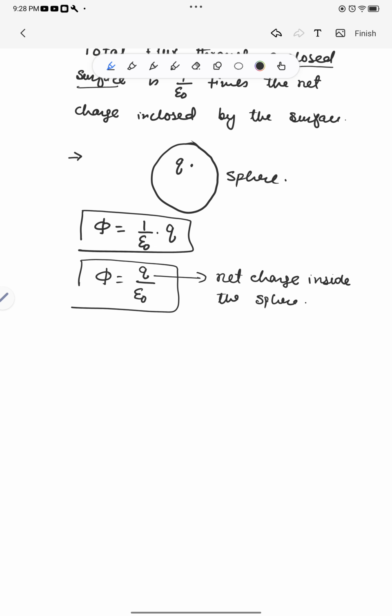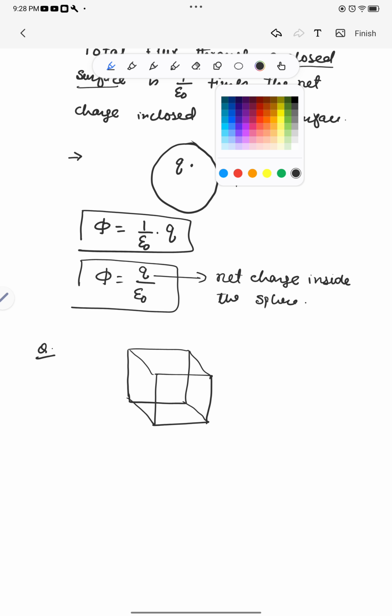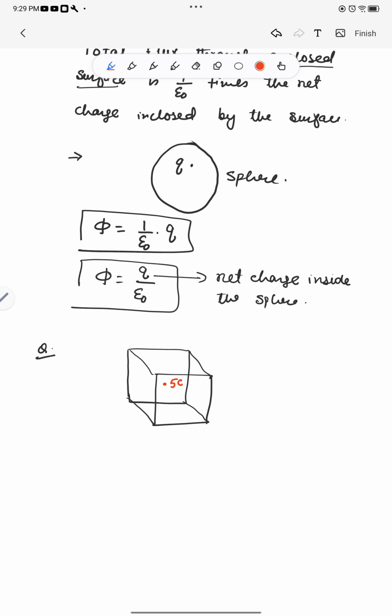Now let's say there is a question: we have a cube and there are two charges placed inside the cube. Let's say 5 coulomb and another charge, minus 3 coulomb, and the question asks what is the flux through this cube.